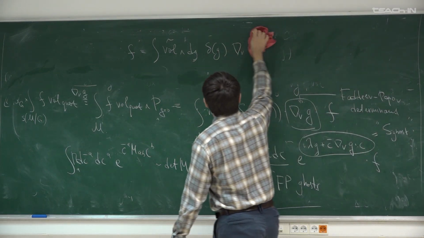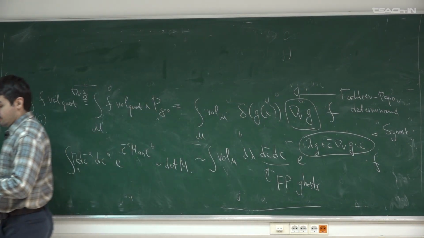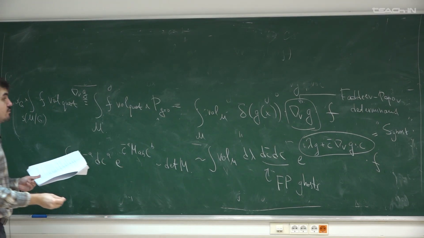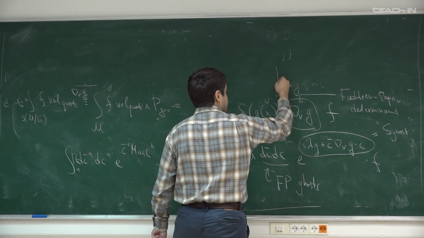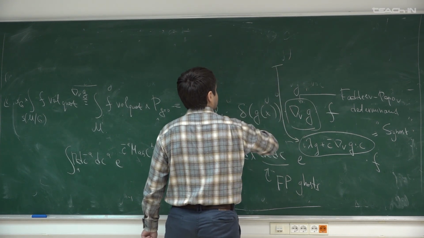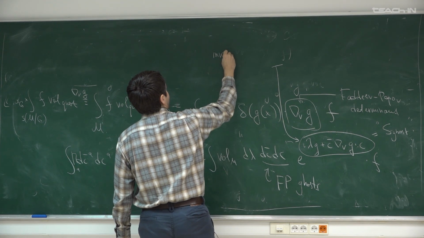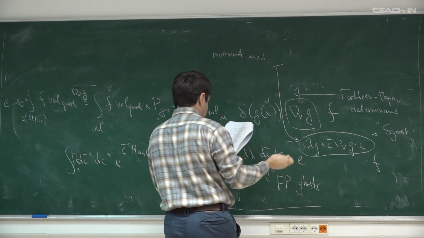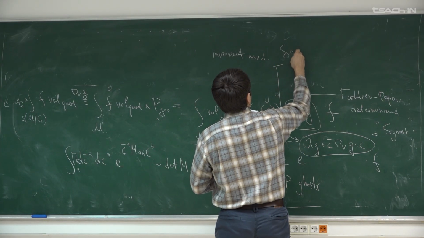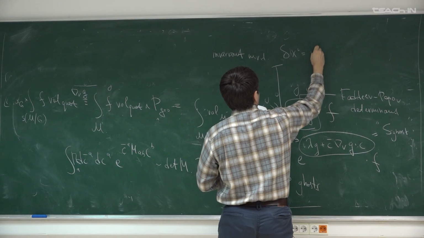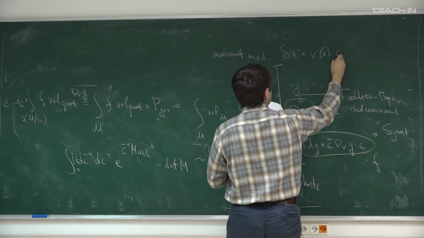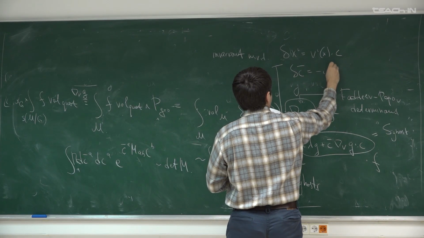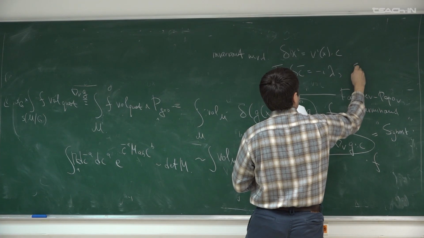The main property is an invariance with respect to some nilpotent transformation. Let's look at this. This is invariant with respect to the transformation delta x^i equals v^i of x times c, delta c bar is minus I lambda, delta c equals 0.